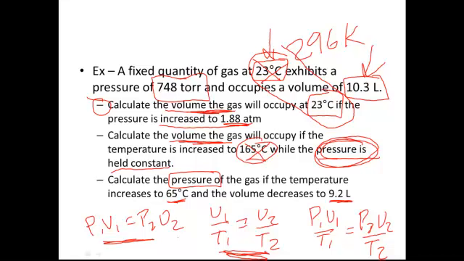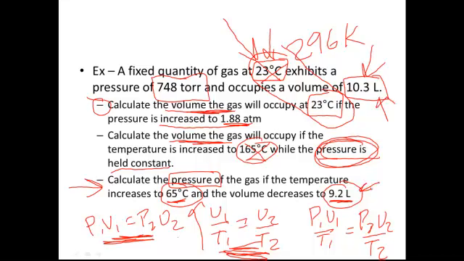In this third question, how do we know that we have to use the combined gas law as opposed to Boyle's law or Charles' law? Because two things are changing. The temperature was 23, now it's 65. The volume was 10.3, now it's 9.2.